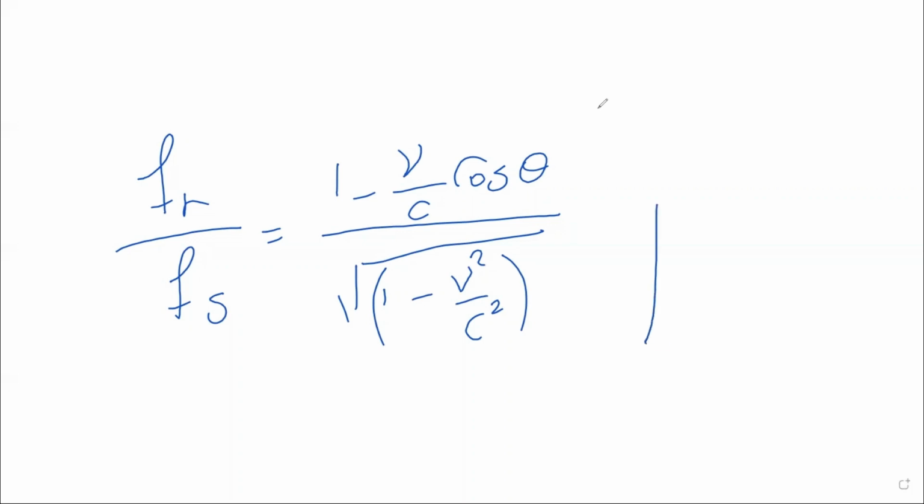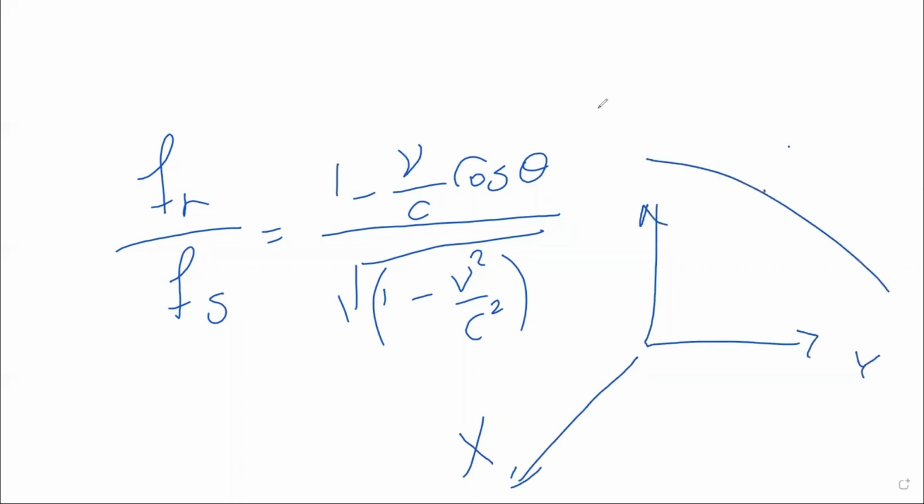So if we have a coordinate system like this, you have X here, Y here, and Z here, and I have a satellite moving in that direction. This is the vector of the velocity. And I have a point on the surface of the Earth here, P. This satellite, or a source, has its own position, and what I need is actually this position.